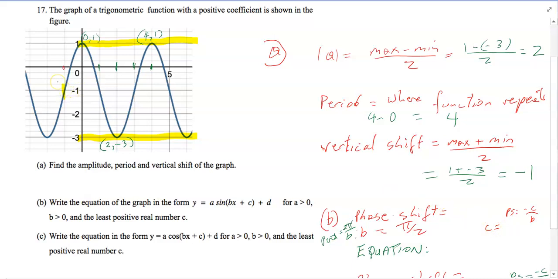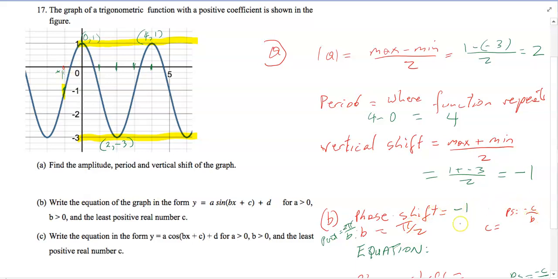For c, we need to find our phase shift first, so we'll look at where there would be a start to a sine function, which would be the first left start, which would be the x value that matches that first start, which would be where x equals negative 1 right here. So phase shift is negative 1. Phase shift is also negative c over b.